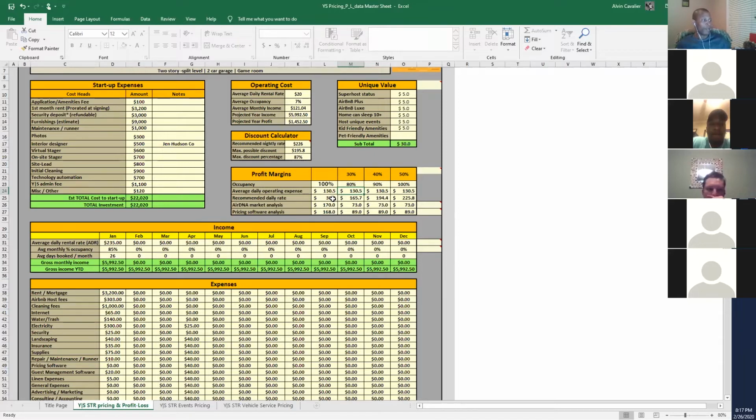So at this point, the number that you're seeing in your average daily operating expense is essentially, if you're using a pricing tool, your minimum price, meaning you will be priced no lower than $130 per night. So that would be your break-even rate if you were occupied 30 days in any given month.